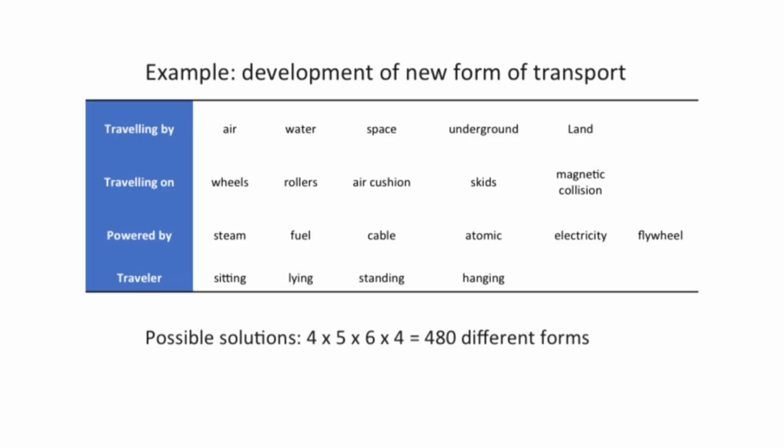Okay, so what I have done is taken 4 important aspects of traveling, and I have tried to find out the different ways I can travel, the different media of transport, and the different postures of the traveler. Simple.